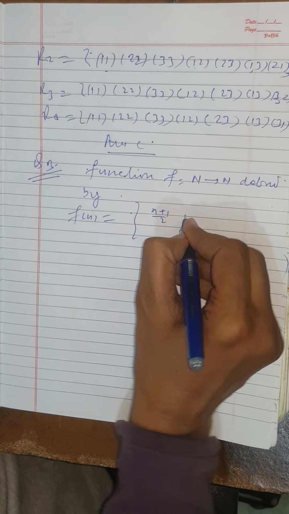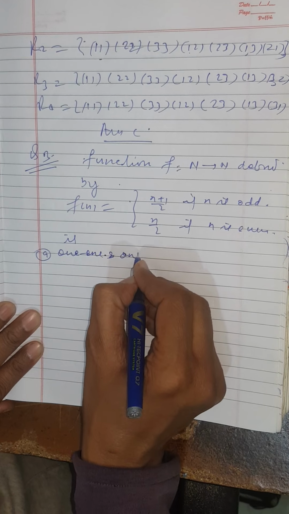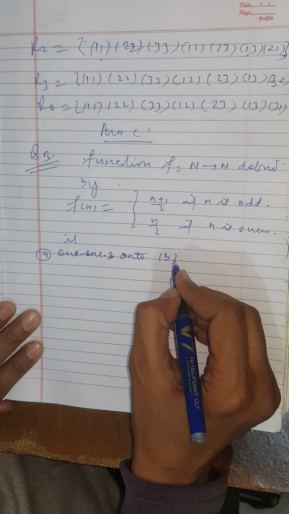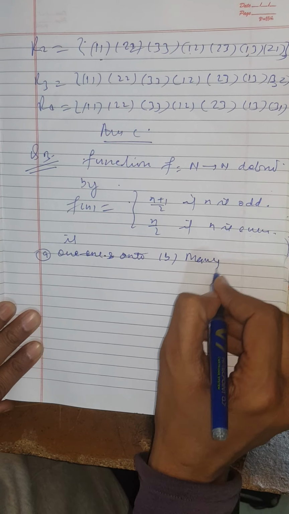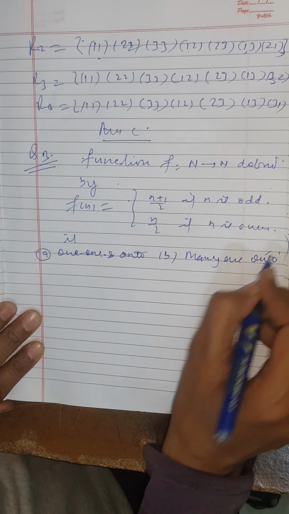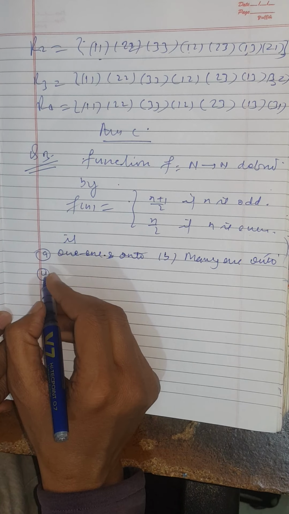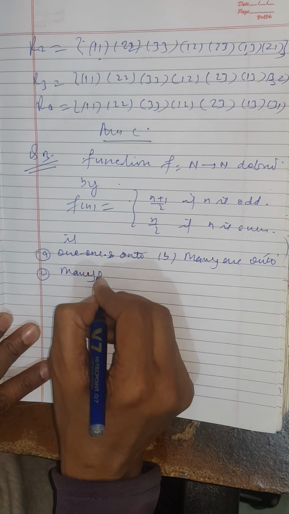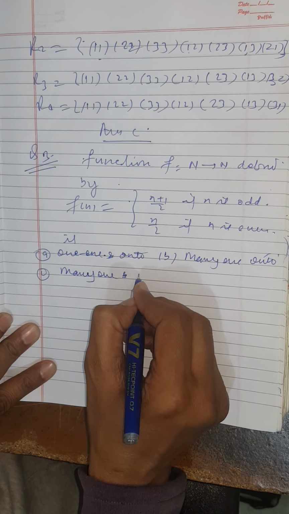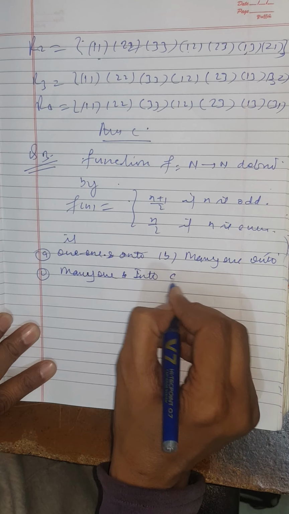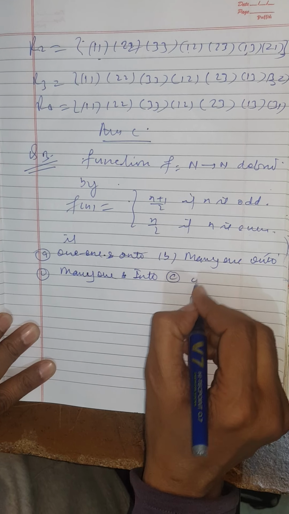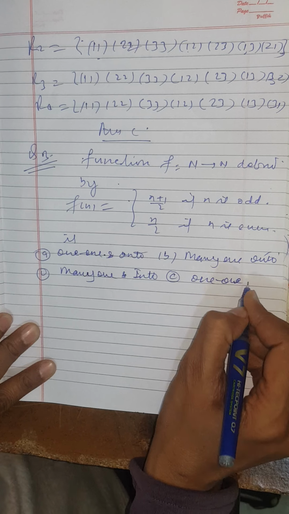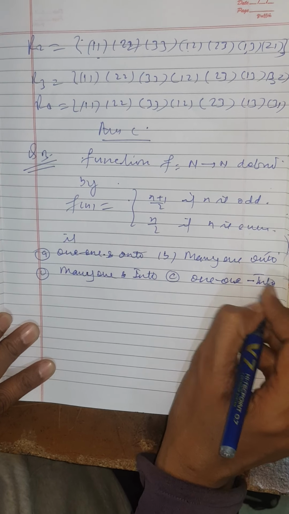Is it option A, one-one and onto, option B, many-one and onto, option C, many-one and into, or option D, one-one and into?